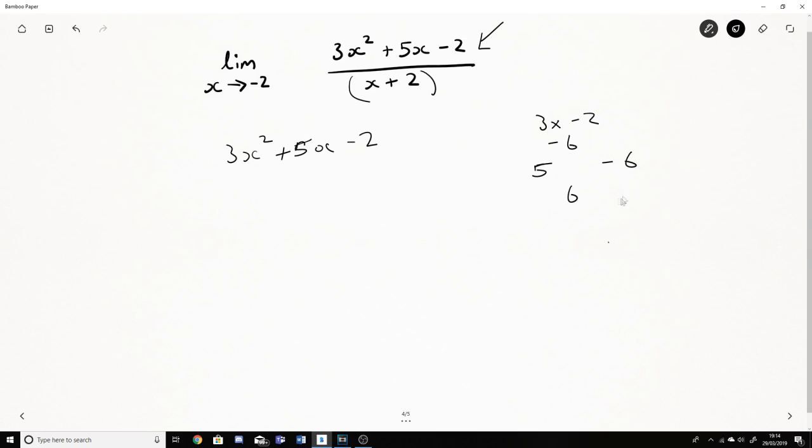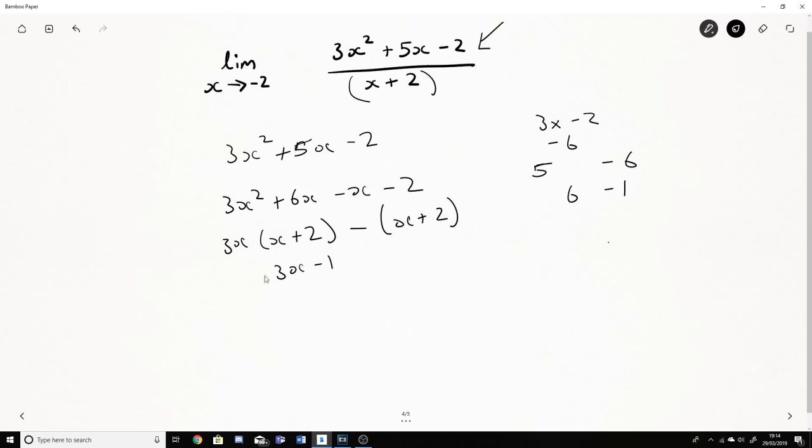Well, quite simply, 6 and minus 1. So we'll break this down to 3x squared plus 6x minus x minus 2. If I factorize this by taking the 3x out, we're left with x plus 2. And I take out the minus 1, we're left with x plus 2. And that's simply 3x minus 1, x plus 2.